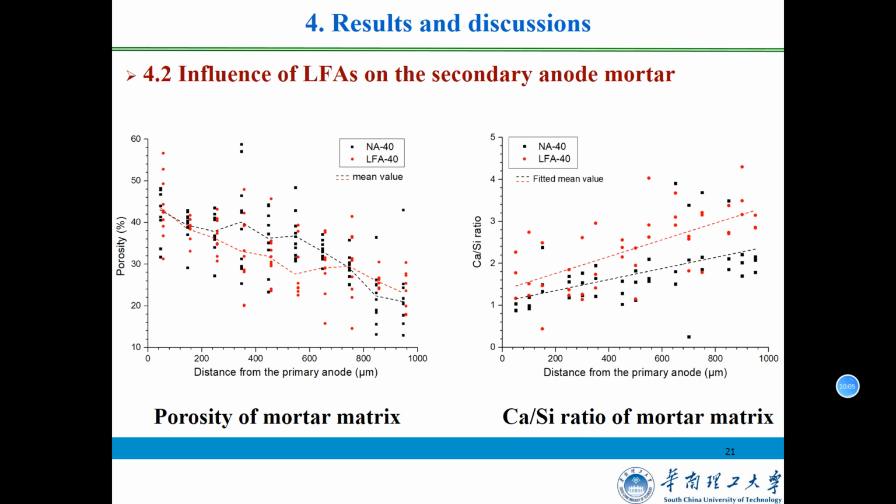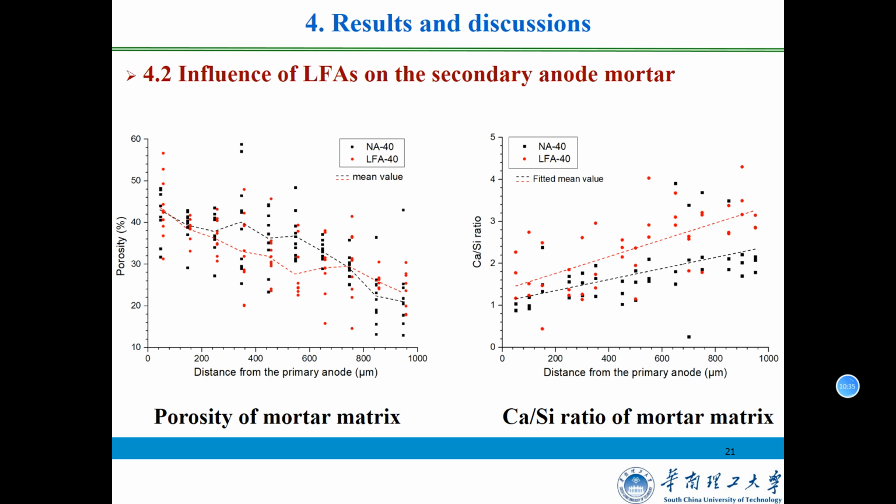Generally, the porosity of the mortar matrix was reduced with the distance from the primary anode, both for specimens NA and LFA. It was observed that the mortar matrix presented similar high porosity for both specimens in the region within a distance of 150 micrometers from the primary anode surface, indicating severe acidification damage and subsequently a porous microstructure in this region.